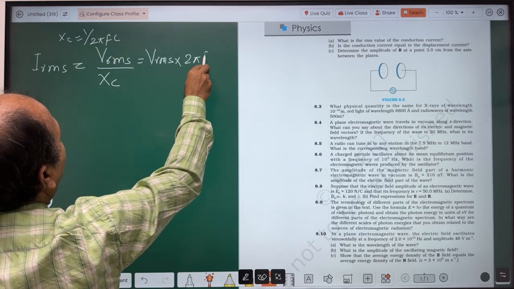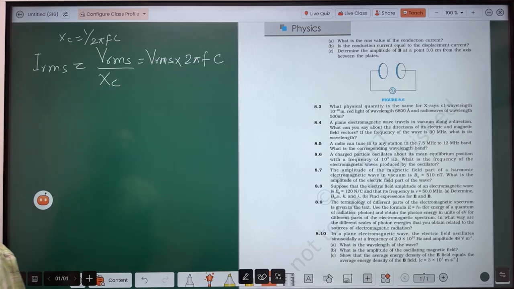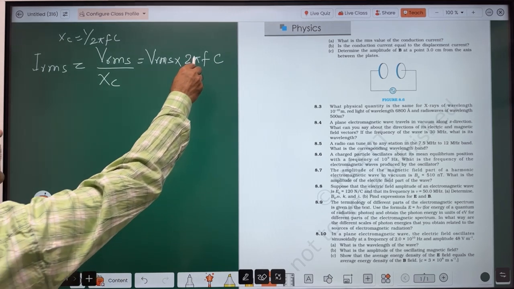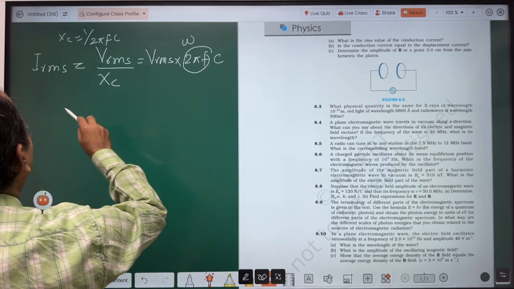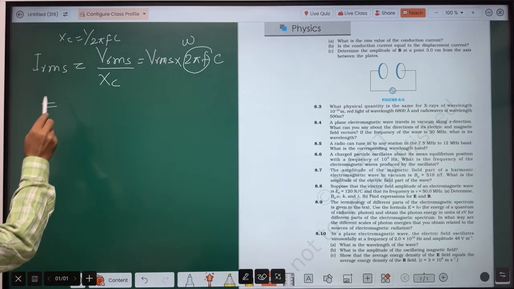So this will become 2 pi FC. Then we can put the values. VRMS is given and frequency is also given. 2 pi f is directly given, which is omega, and C is given.